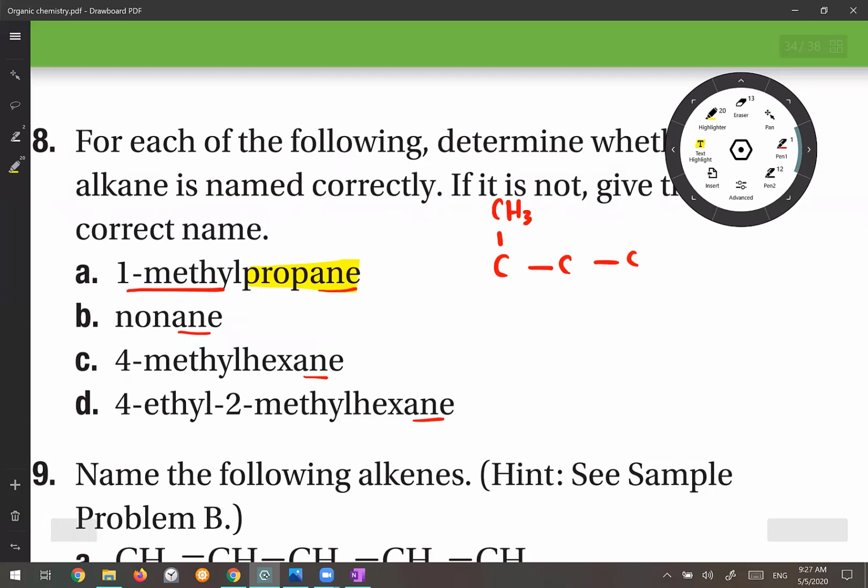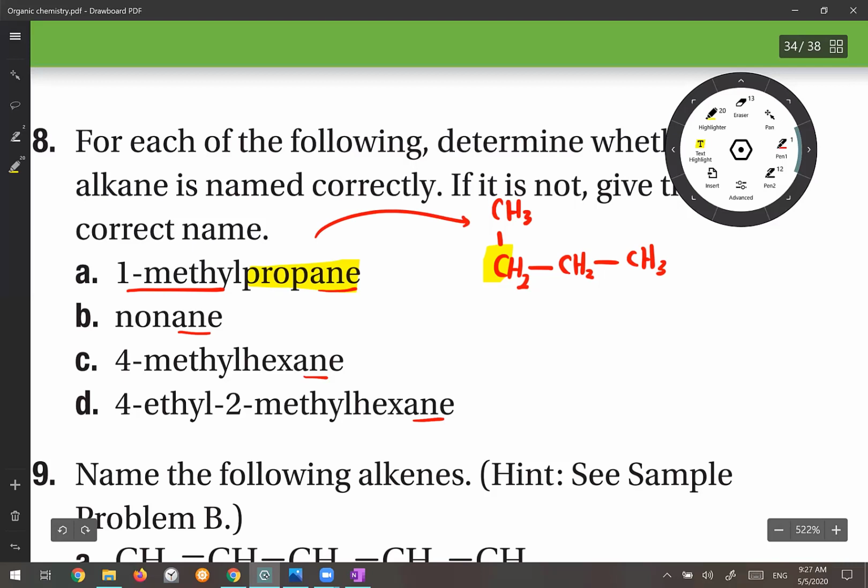Now I add the hydrogen to the rest of the carbon. This carbon, which is here, needs only 2 hydrogens, so it becomes CH2. The next carbon also needs 2 hydrogen, it becomes CH2. The next carbon, or last carbon, needs 3 hydrogens, CH3. So this is the structure of this one.